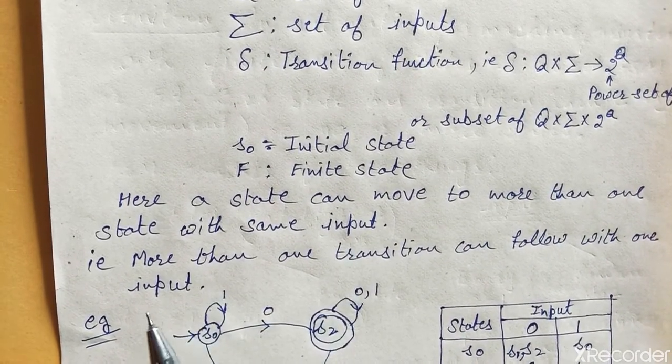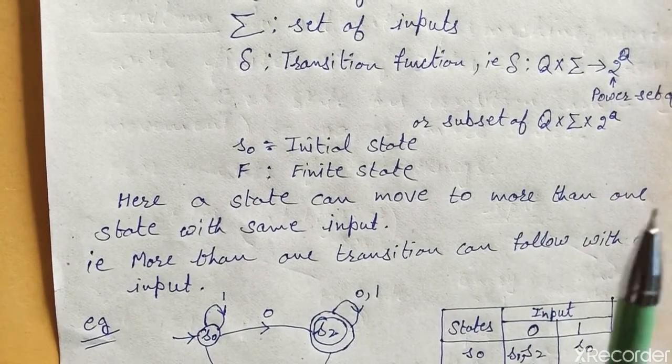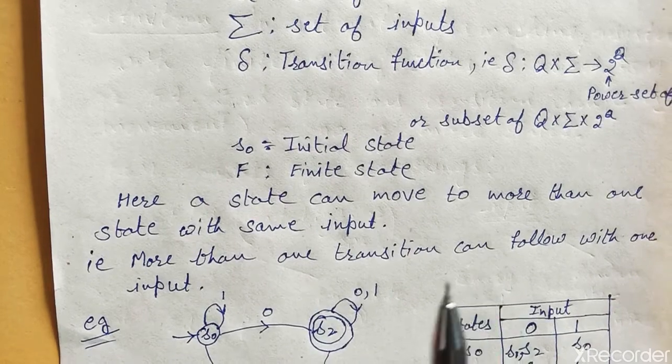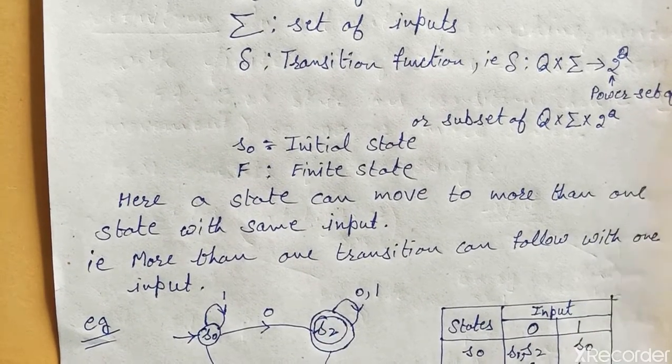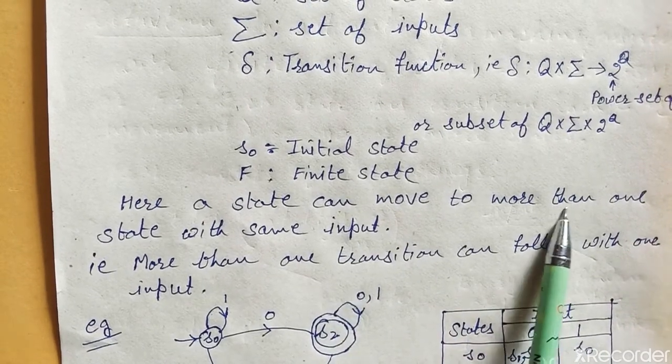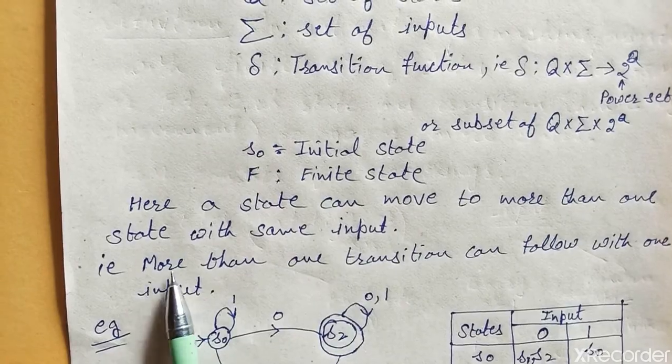In case of deterministic, a state can move to only one state with the same input, but here more than one states are permissible.